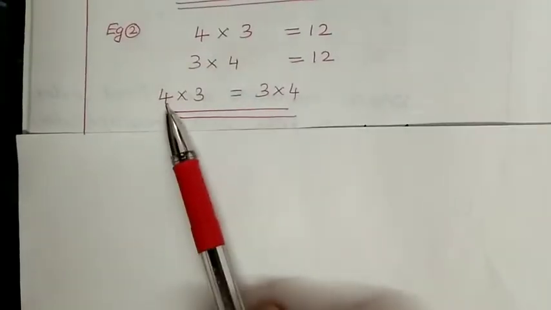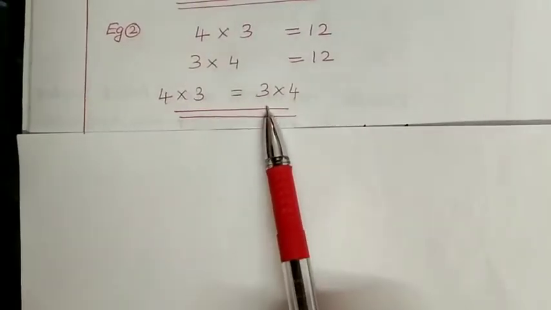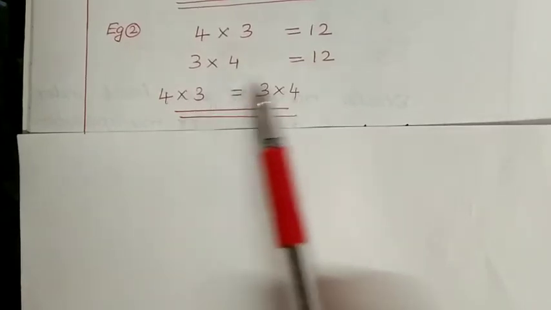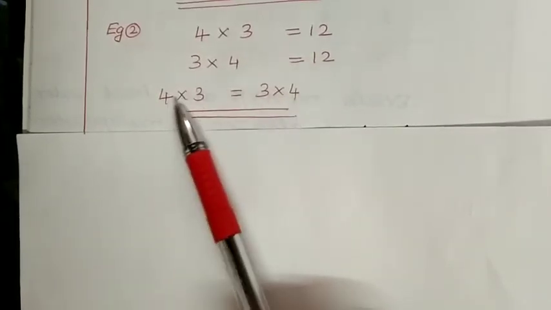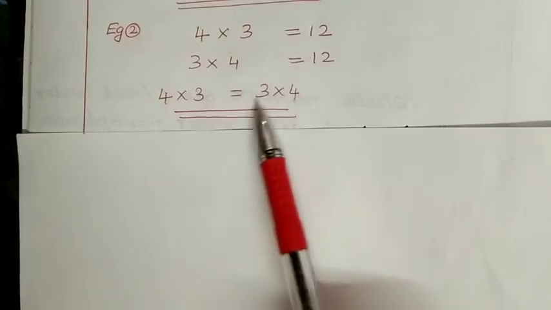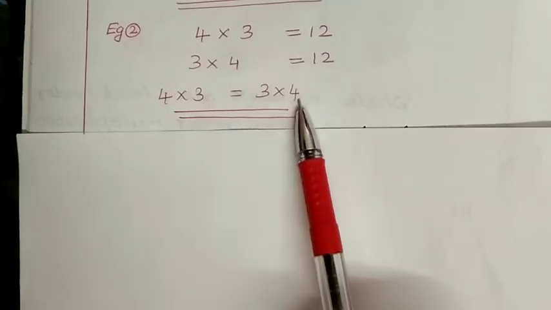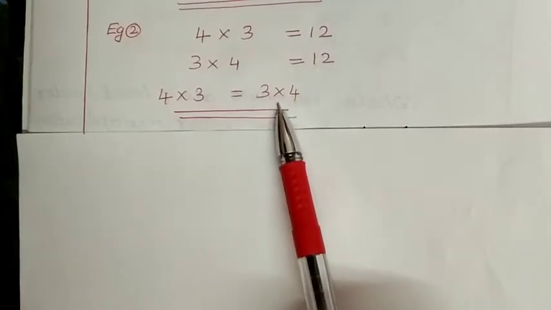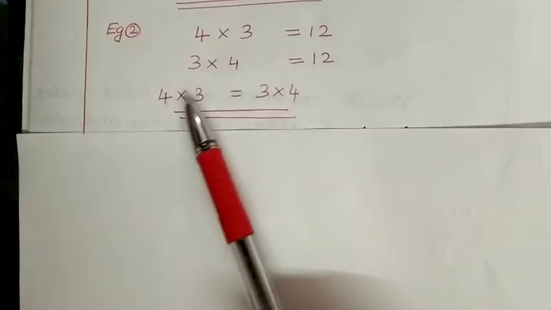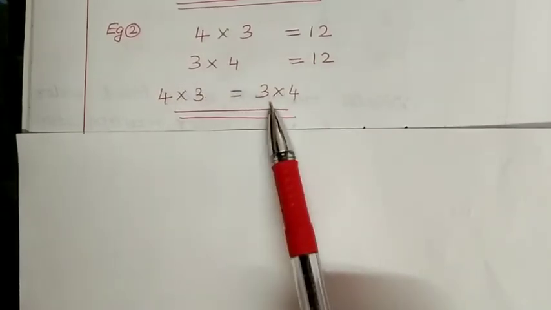So we say that 4 into 3 is equal to 3 into 4. This property is known as commutative property.